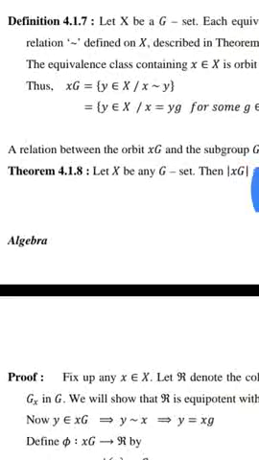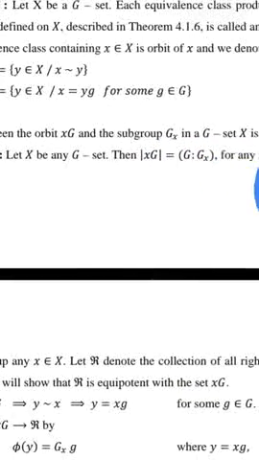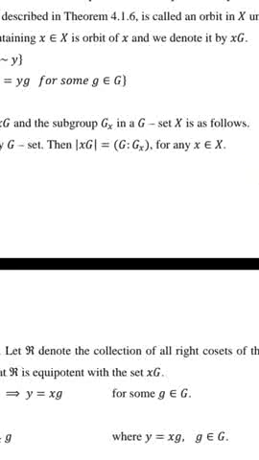Next, a relation between the orbit xG and the subgroup Gx in a G-set X is as follows.